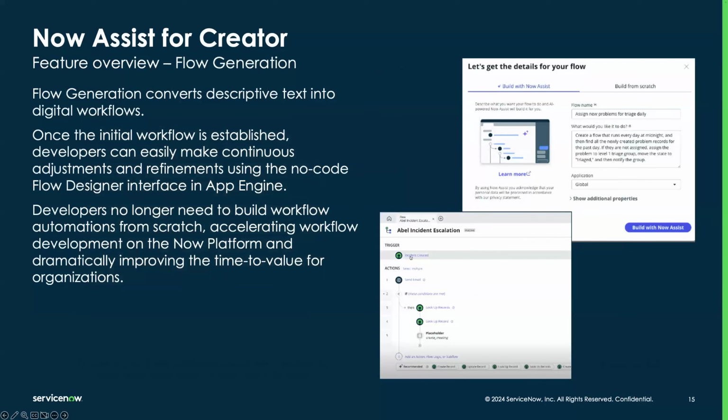The next skill is Now Assist for Creator flow generation. Flow generation saves time by giving you a template to start a flow with instead of having to build it from scratch. Once you have this skill installed, you'll go into create a flow just like you normally would, and your default option will be build with Now Assist. You can still build from scratch if you want to. You'll give it a name and a nice lengthy description of what you want it to do.